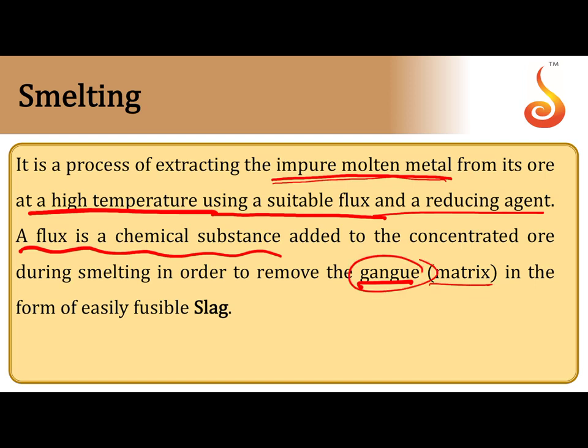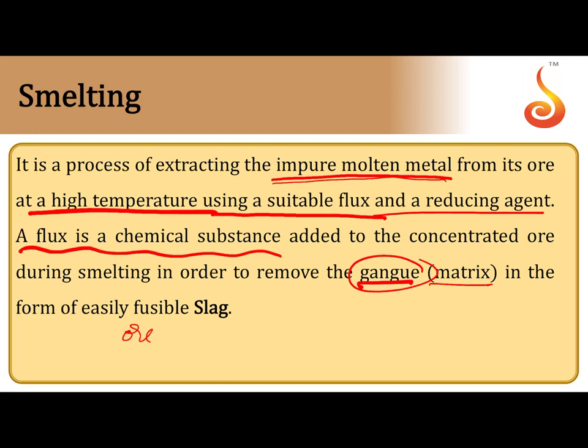This gangue is infusible, its melting point is very high. Such gangue is converted into fusible mass. At the same time, as a reducing agent is also added, from the oxide ore we get metal. So, one shot two birds. In this method we can remove impurities as well as extract metal in molten state.